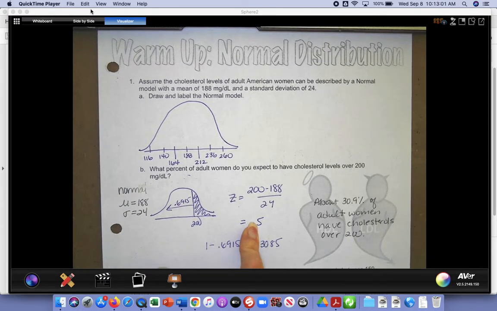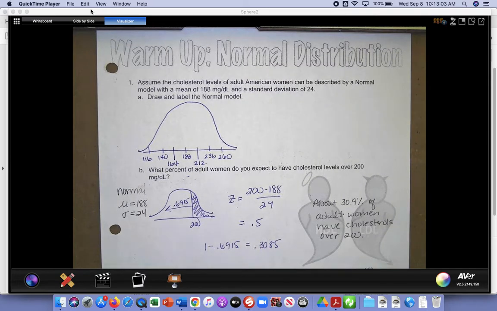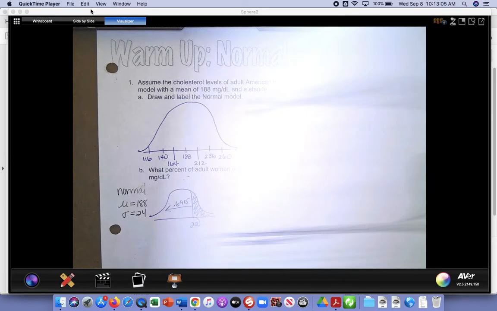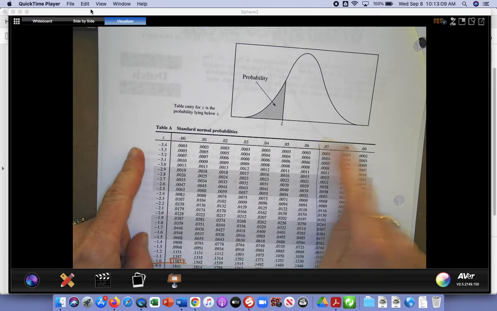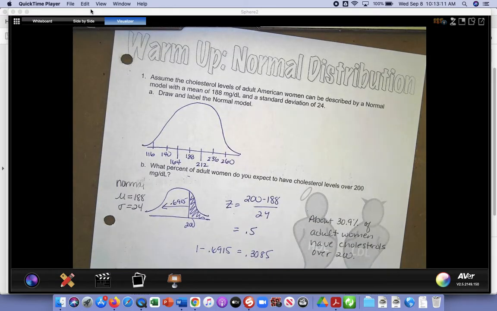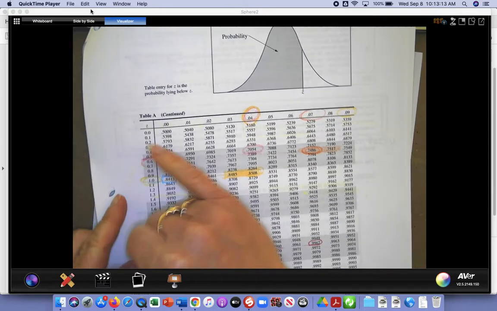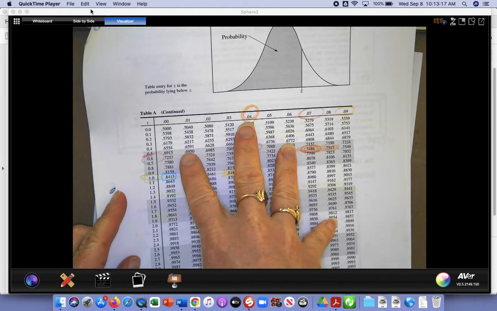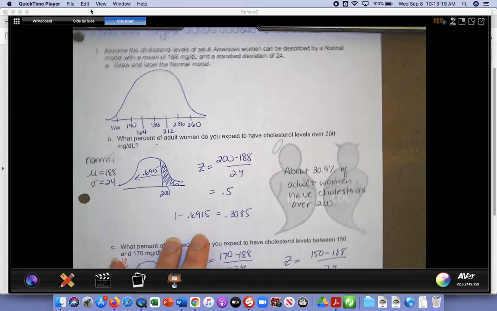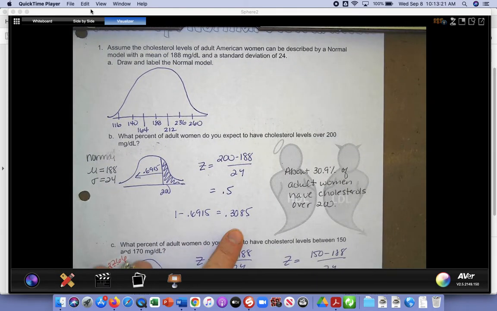So if it's a z-score, I am on the z-score part of the table. So I am out here, although 0.5 is positive. So I am out here, 0.50. That is, these numbers in here are the area. So that's the area to the left. I want the area to the right. I do 1 minus that.